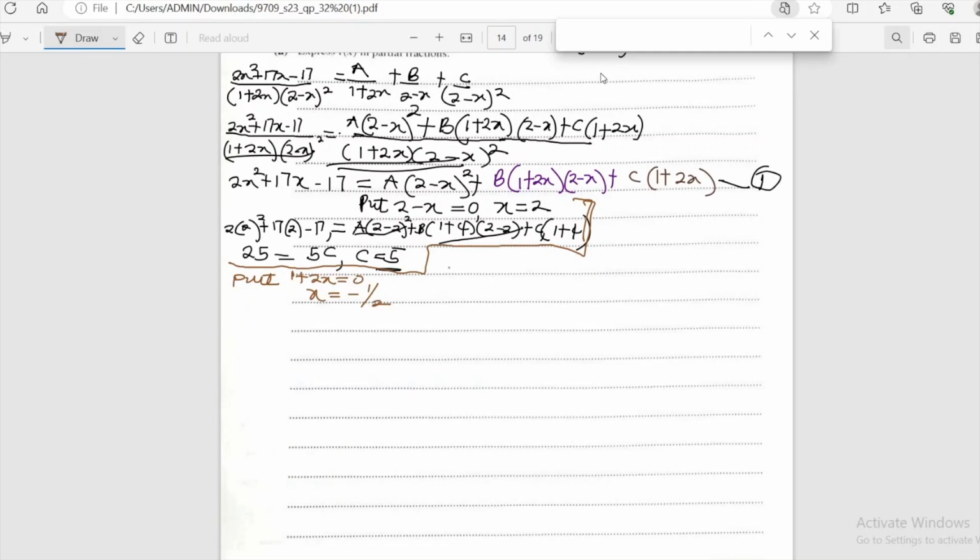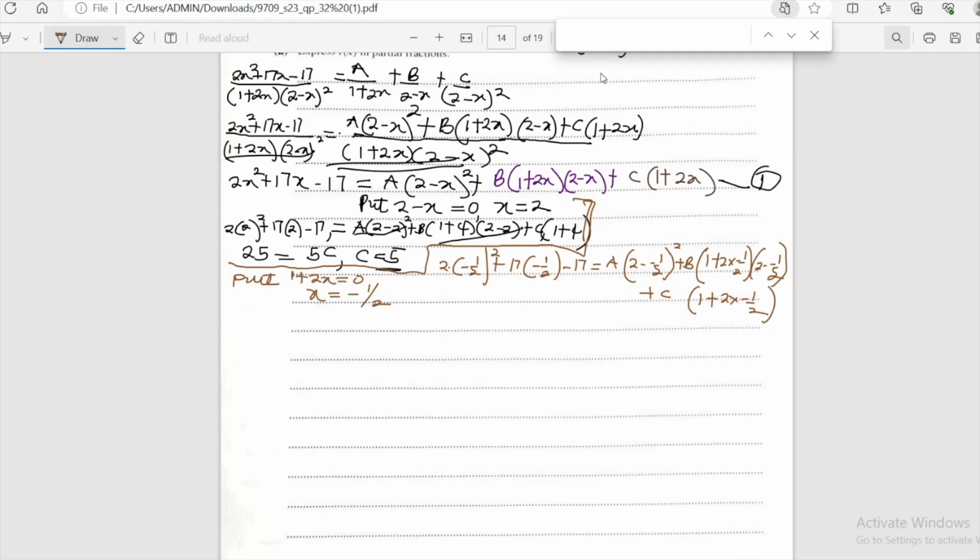So we have 2 times minus half whole squared plus 17 multiplied by minus half minus 17 equals A times 2 minus half whole squared, plus B, for B it is 1 plus 2 times minus half, bracket 2 minus half, plus C times 1 plus 2 times minus half.